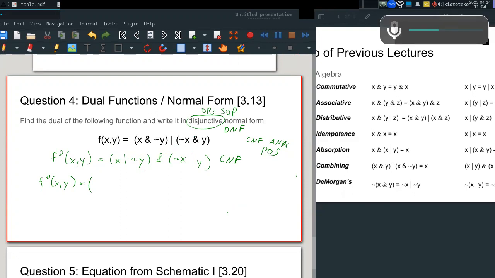Wait. Oh no, because this is the CNF. Okay, it's the opposite. So it's 0 and 1. So this means it's 0 and 0, 0, 0, 0, 1 and 1, 1, 1 and 0. This is equal to 0.